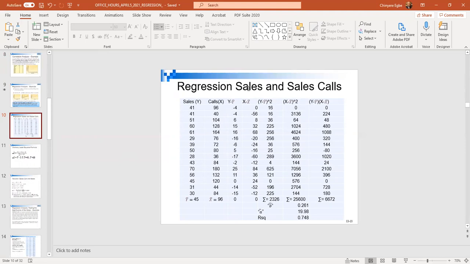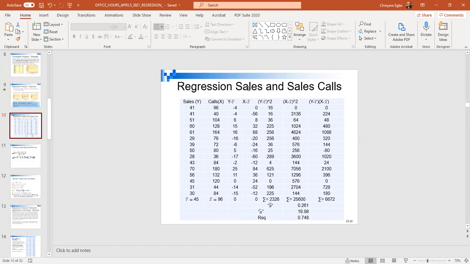Now, the thesis, or the theory in this problem, is that the more sales calls you make, which is the independent variable, the more sales that you make. So the amount of sales that you achieve depends on the number of sales calls.